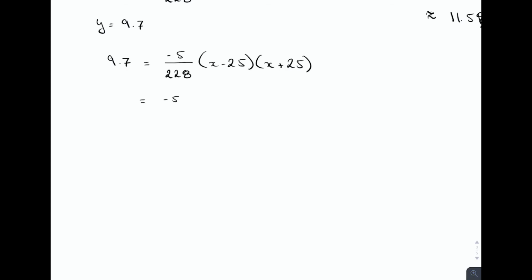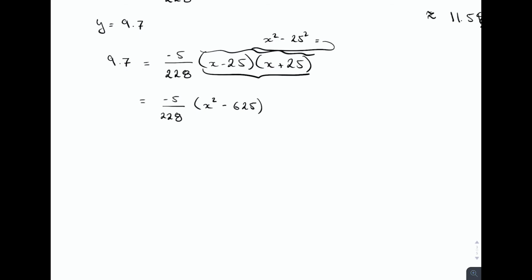If you notice, these two guys here is basically a factored version of a difference of squares, right? x squared minus 25 squared is equal to all of this business here, which is just x squared minus 625.